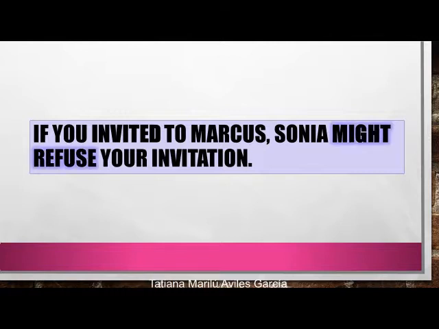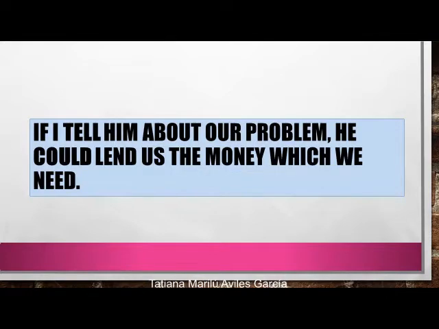And Sonia may refuse your invitation is uncertainty. We are not sure about it. The second example: if I tell him about our problem, he could lend us the money which we need. If I tell, this is the conditional.